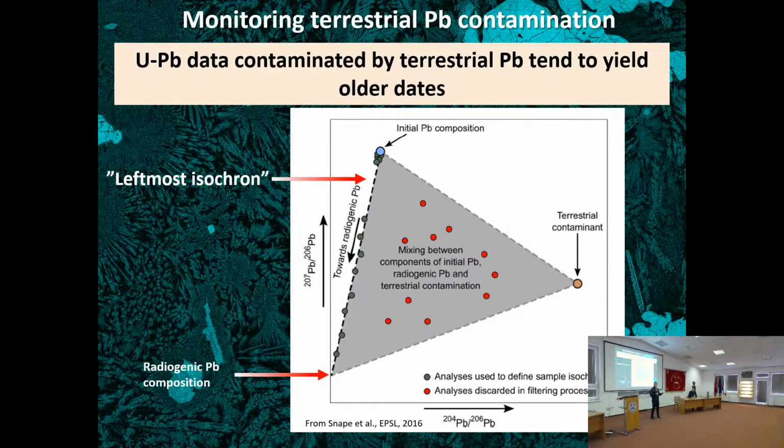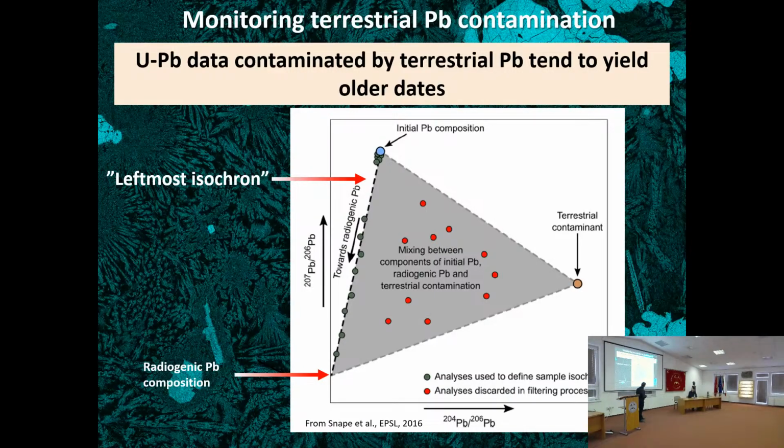And it's really important to remove data that are contaminated by terrestrial lead, because contaminated data tend to produce ages that are older than the true age.